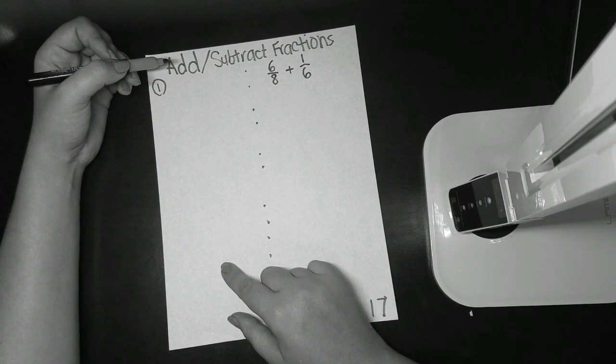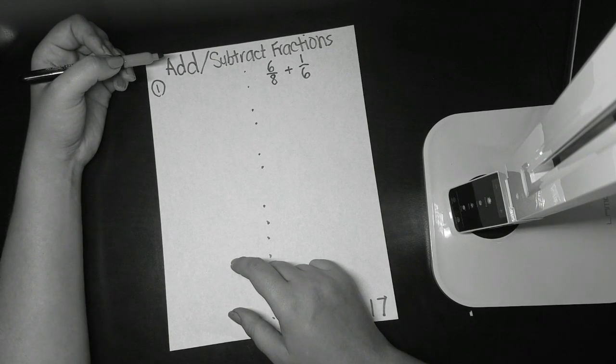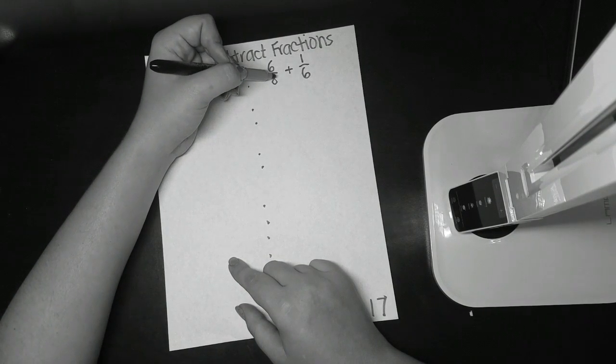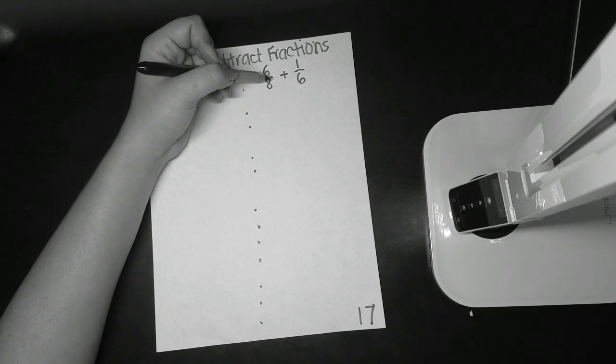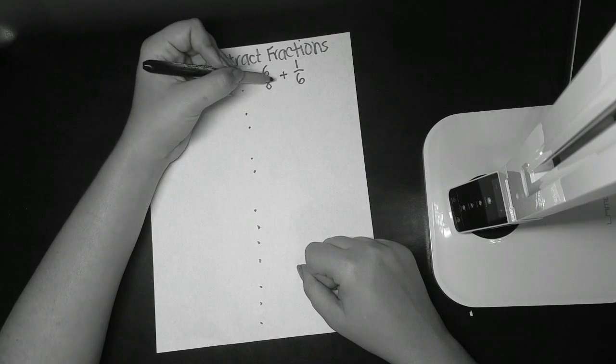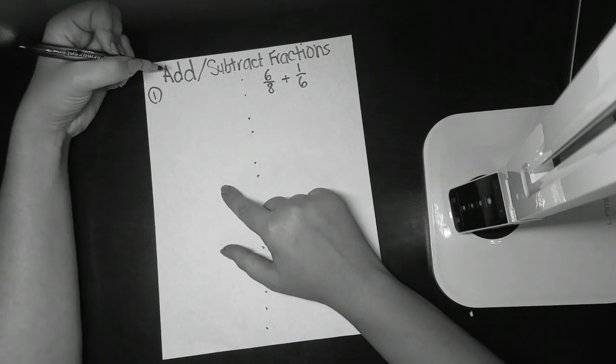Okay. First step, you are finding least common multiple for your denominator. So find least common multiple for your denominators in order to make it the same.